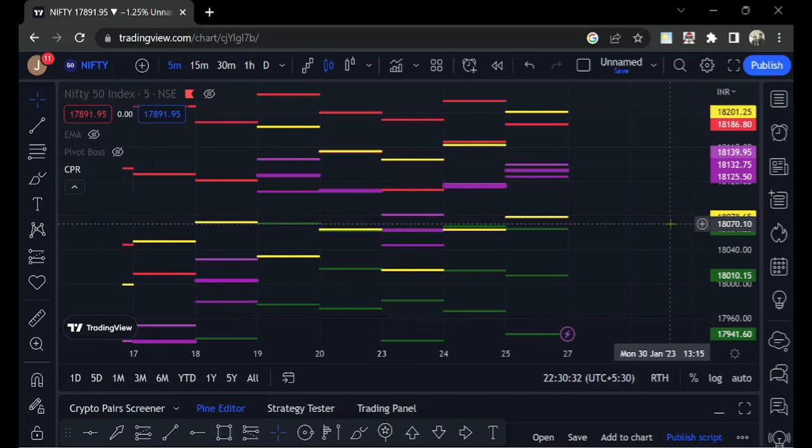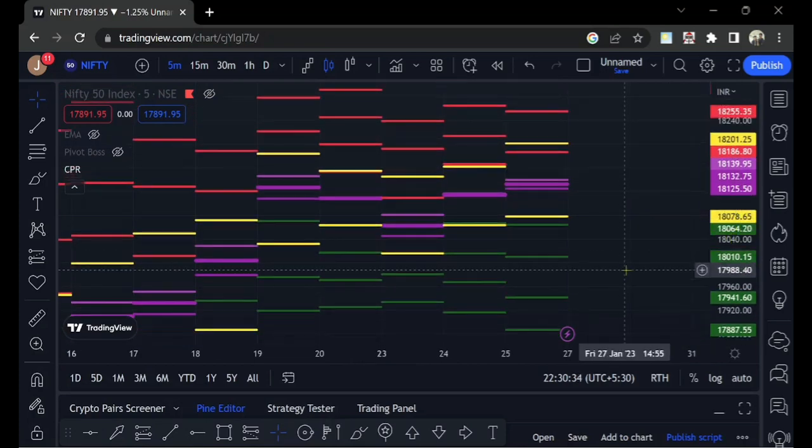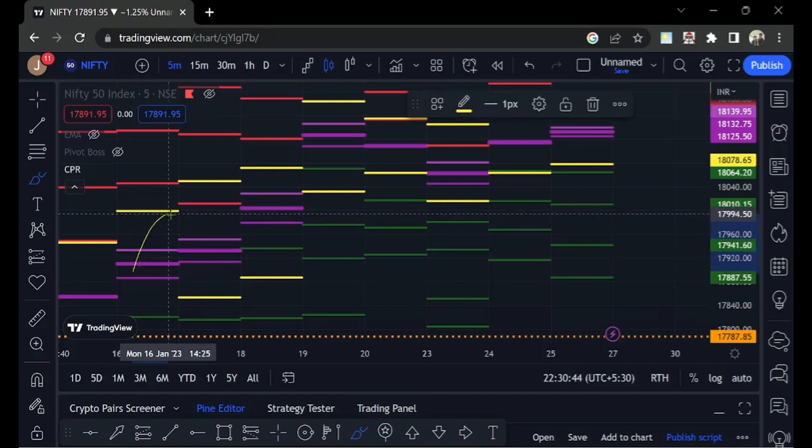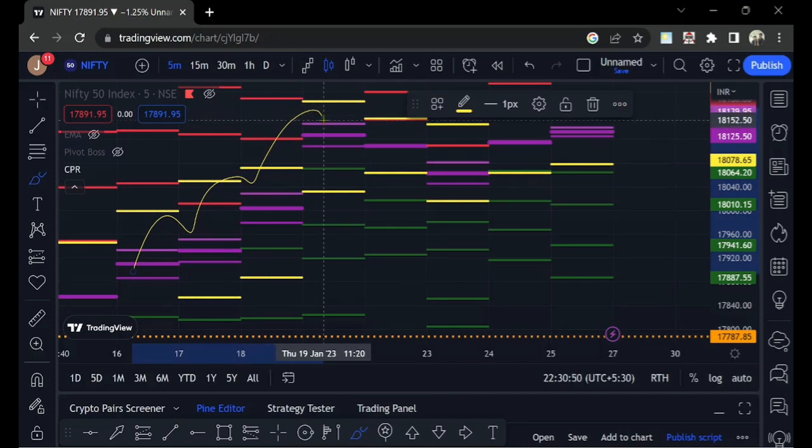According to Franklin Ochoa, if the CPR is ascending, then the trend is bullish. You see, this is an ascending CPR, this is an ascending CPR, and this is also an ascending CPR.